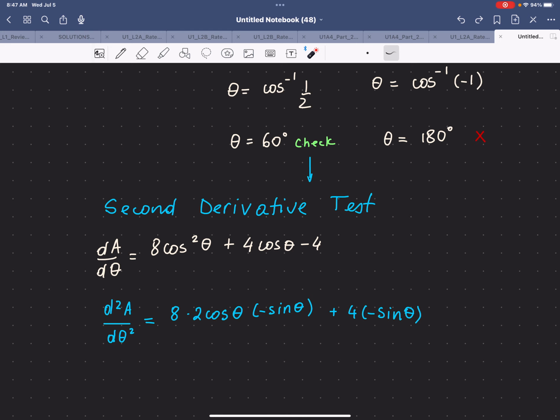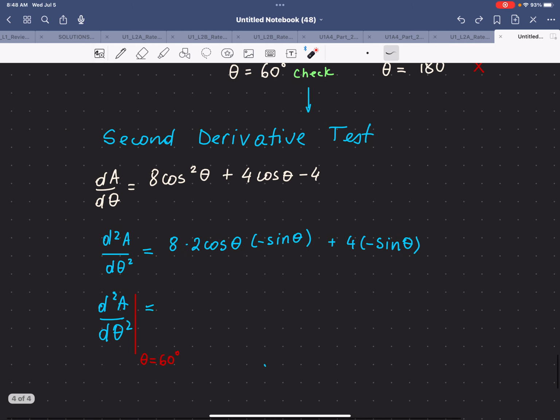And then the inside function, cosine has the derivative negative sine. Now the next term is easy to differentiate, negative sine theta, and we want to clean it up and write the equation of the second derivative in a more simplified form, and don't forget to evaluate it at 60 degrees. So 16 with a negative sine times cos minus 4 sine theta.